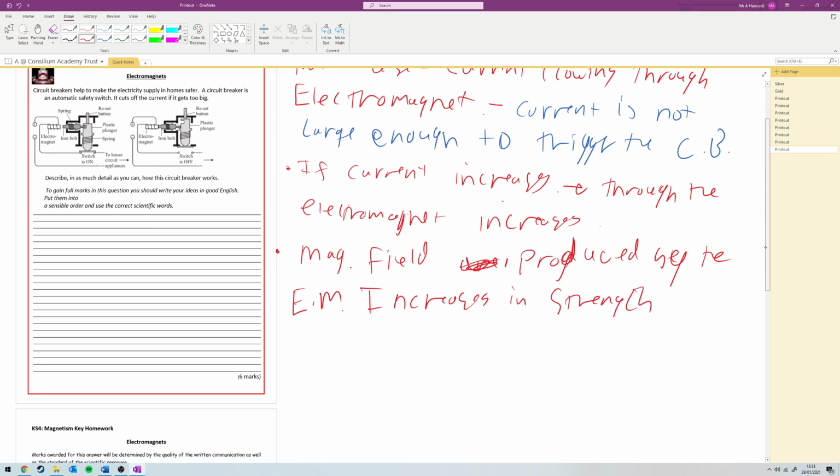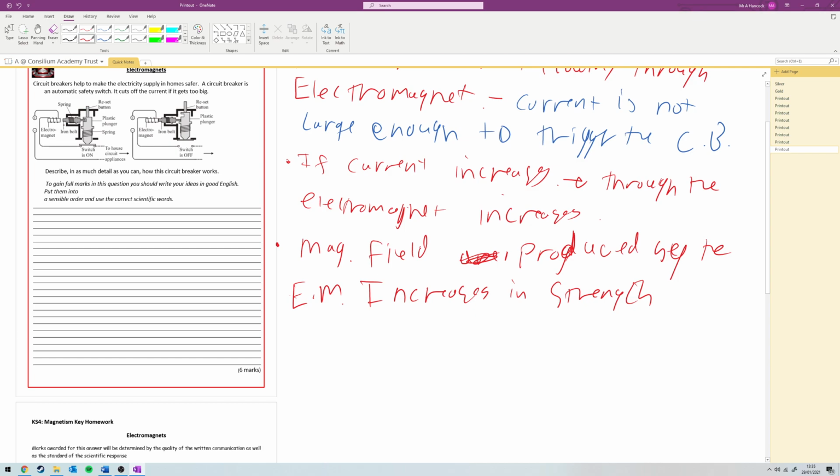Okay, so now what's happened is this electromagnet is now stronger. So if that electromagnet is stronger, this iron bolt, which is an induced magnet, will be attracted to the electromagnet with a greater force.